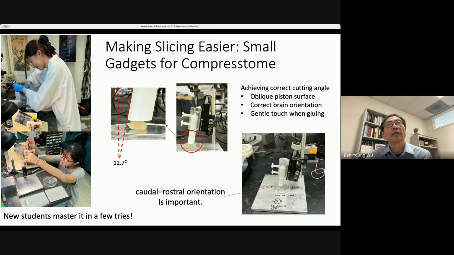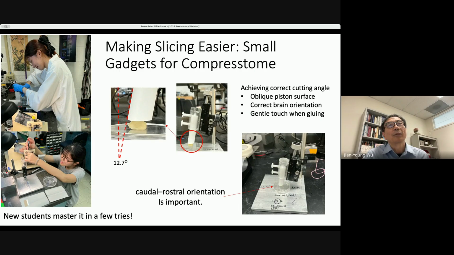So we made several gadgets in the lab to make the slicing easier using the compressed tone. Before that, most of the students would prefer the ordinary vibratome because it is easy: you put a brain slab with glue on the stage and then you cut.